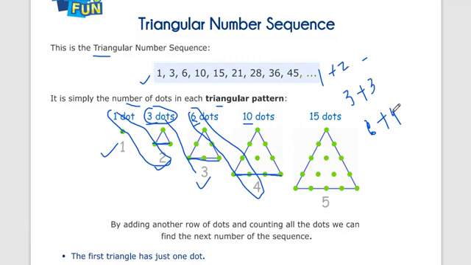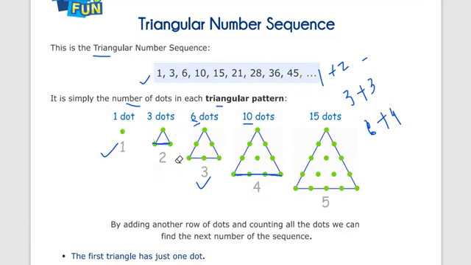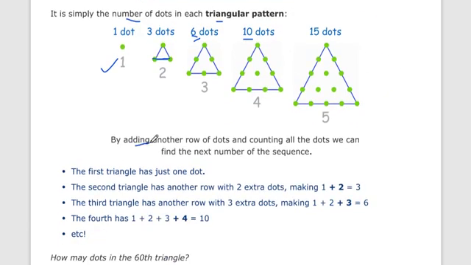You can see 2, 3, 4, 5, 6. In this way you can also find the sequence. This is the triangular sequence: by adding another row of dots and counting all the dots, we can find the next number of the sequence.